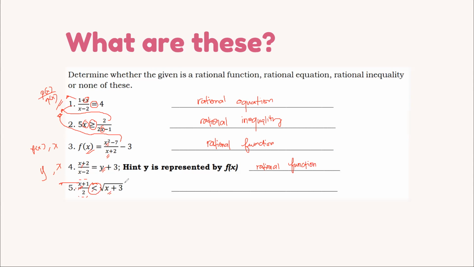What about the right side? The right side is a square root. So this is equivalent to x plus 3 raised to the power of 1/2, which does not follow the rational expression format because of its fractional exponent. It should be a polynomial. So this is none of the above.